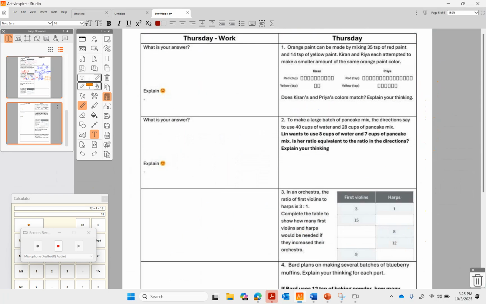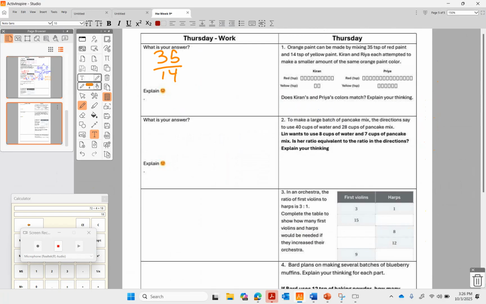Okay, orange paint can be made by mixing 35 teaspoons of red paint and 14 teaspoons of yellow paint. Kieran and Raya each attempt to make a smaller amount of the same original paint. Okay, so let's see. 35 to 14.